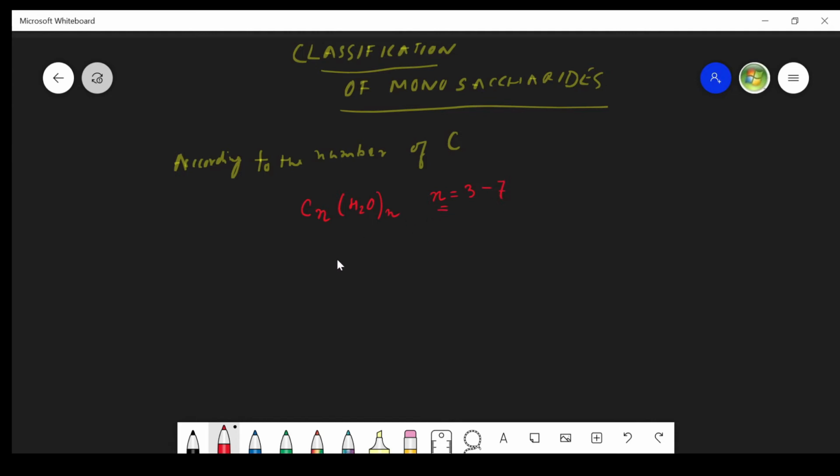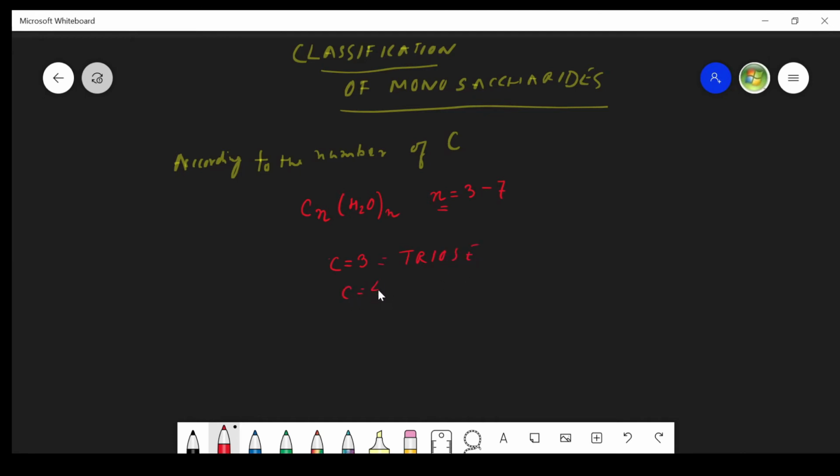So if N equal to 3, if we put C equal to 3, then we call it triose.